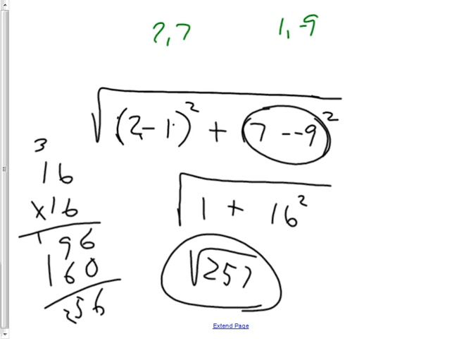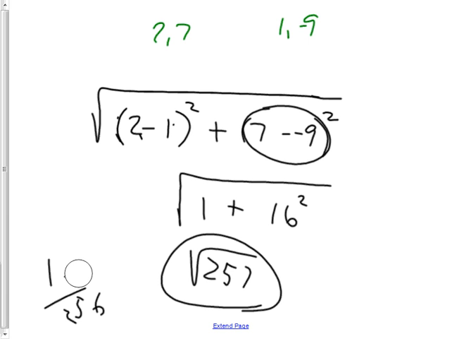Okay, find the midpoint between those 2 points. Same 2 points. What's the midpoint between them? I know the distance between them. What's the midpoint? Okay, the midpoint is the average of the X's and the average of the Y's.